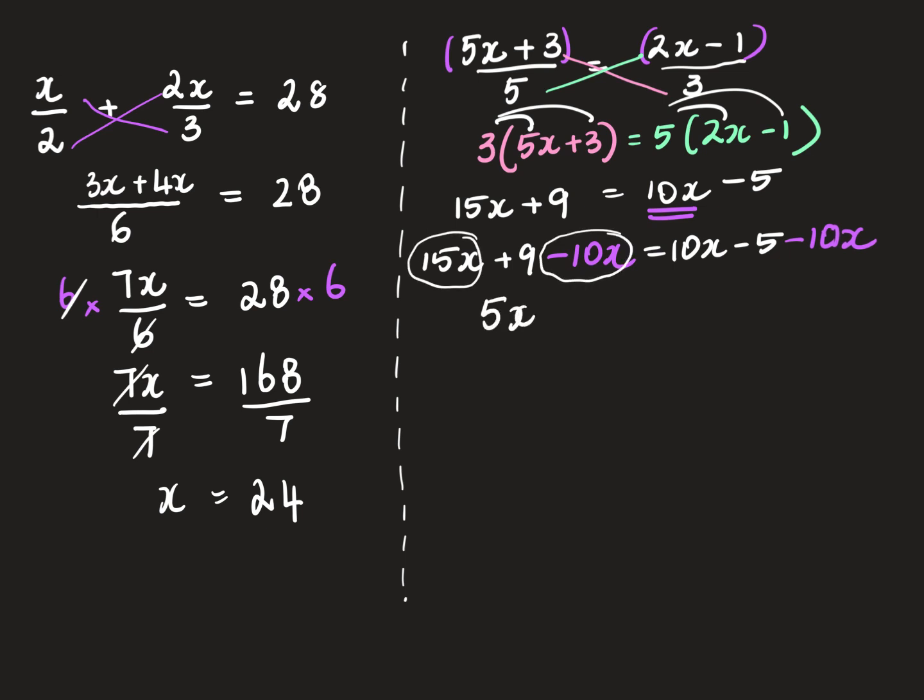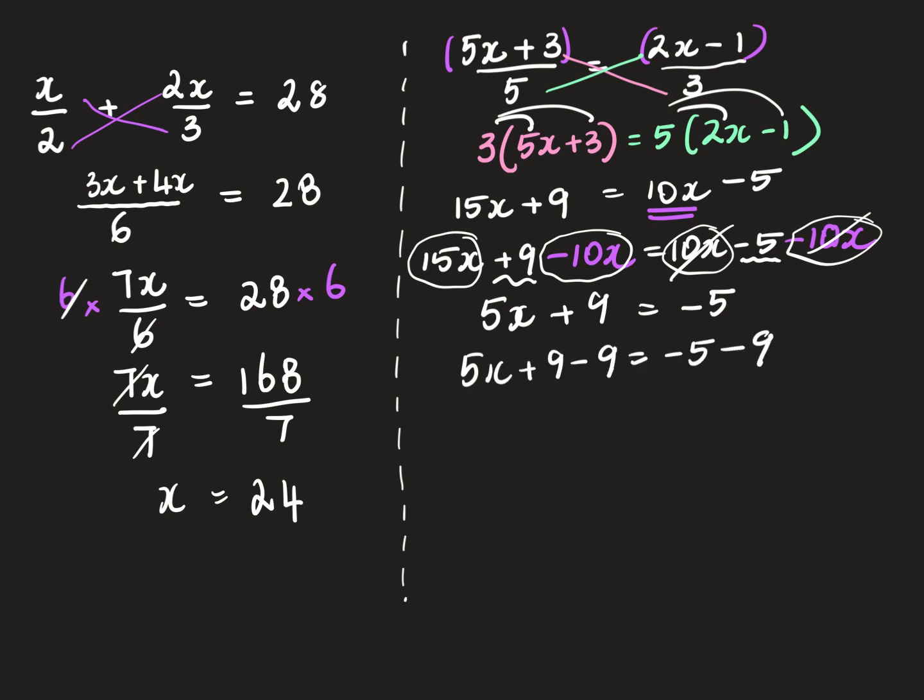That leaves us with 5x plus 9. 10x, take away 10x, they're gone, leaving us here with this negative 5. 5x plus 9, take 9, equals negative 5, take 9. 5x equals negative 14, divide by 5, cancel. Negative 2.8.